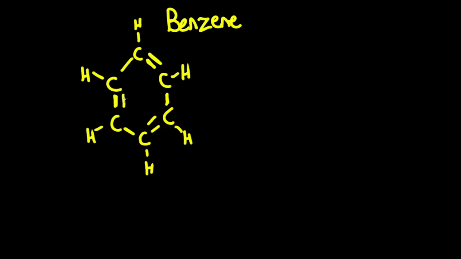All right, but the thing is that these double bonds, they're passed around. Kind of how I drew for the polymerization, where the bonds are moving around and whatnot. These bonds are moving around too. And so I end up with another form of benzene where my double bonds have moved.